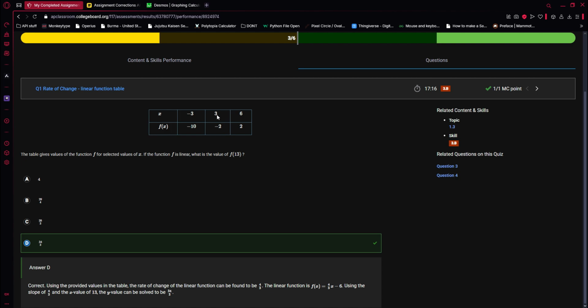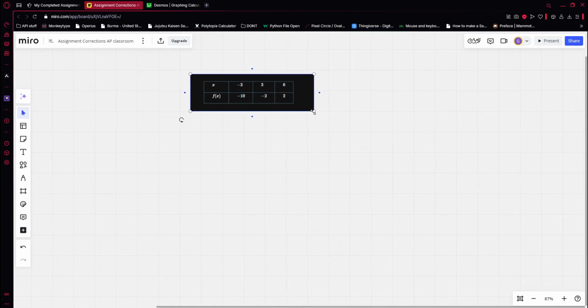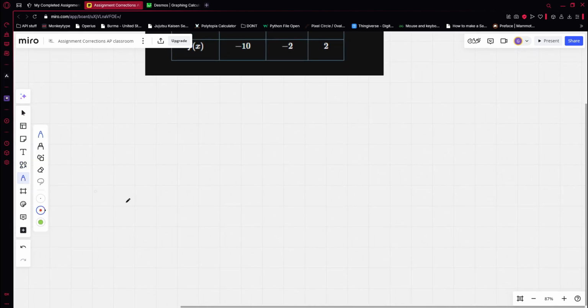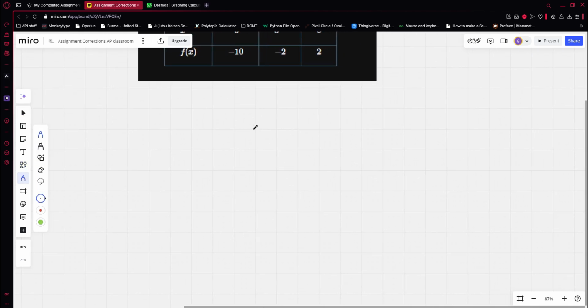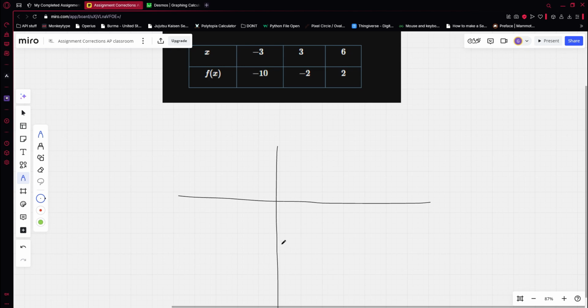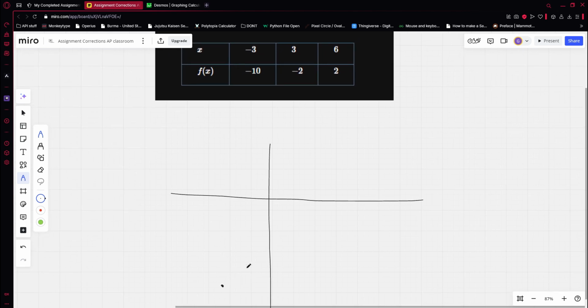So I think I already screenshotted this, right? Let's take this and look at it. If we were to draw a coordinate plane like so, I should probably draw this a lot higher up. We start with (-3, -10), (3, -2), and (6, 2).